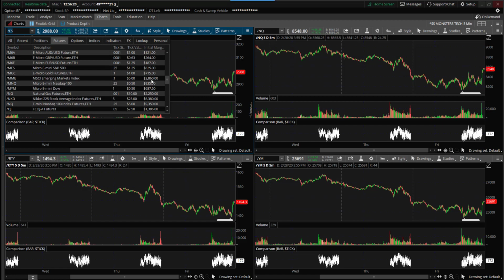This number is based off of a government formula assessing the amount of risk to your account if you were to take one contract of this futures product in a trade and after you were in it the worst case scenario happened. Okay, so this is their risk assessment plot, and that value is going to be pretty close to most of your big brokers.